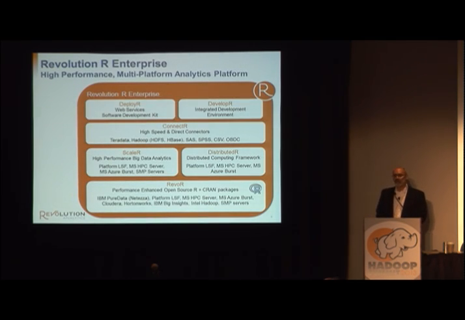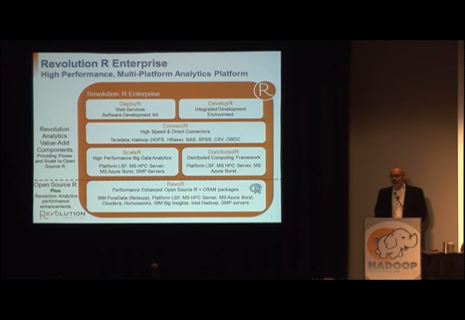So this is a summary of our product, Revolution R Enterprise. At the bottom of the stack, we see the open source R, which we have enhanced by linking with the Intel math kernel libraries for additional performance. Then moving up the stack, I'm going to be concentrating primarily on the 3 blocks in the middle of this diagram: the ScaleR, DistributedR, and ConnectR components.